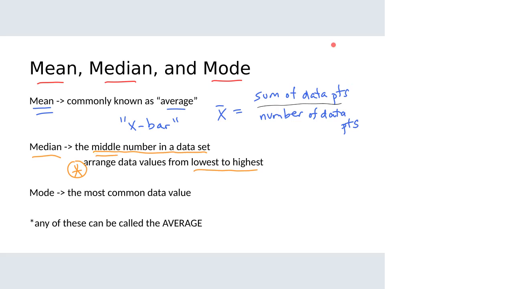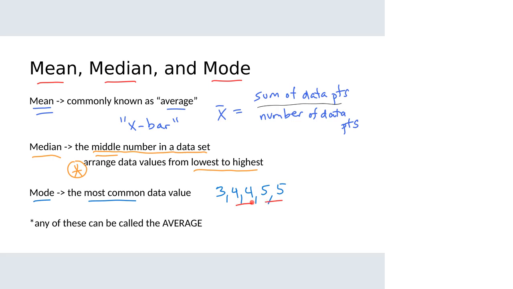Finally, the mode. The mode is the most common data value. So whichever one occurs the most. I do need to mention a couple of things about that though. Let's say we had a data set that was like 3, 4, 4, 5, 5. If you look at that data set, you're thinking, well, which one's the mode?